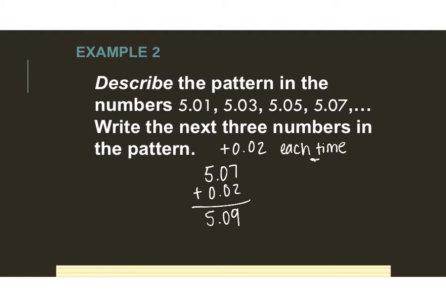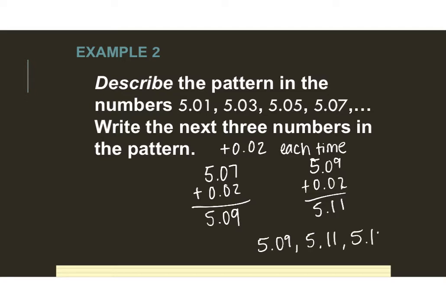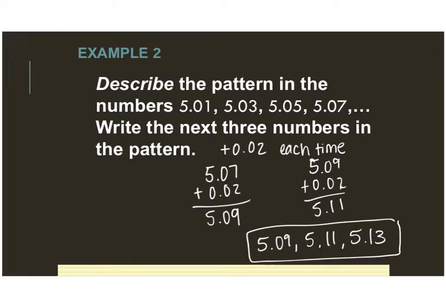And then same thing, 5.09 plus 0.02 gives us 5.11. So our next ones would be 5.09, 5.11, and 5.13. Okay? Pretty simple. It's all about finding that pattern.